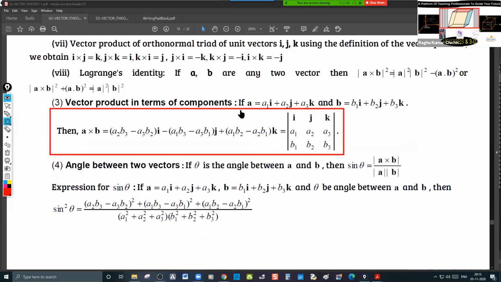It is nothing but a determinant. In fact, this is what you will get in the cross product. So to solve the cross product easily, the mathematician arranged this in the form of a determinant. That's the only difference. This is the working rule for the cross product.